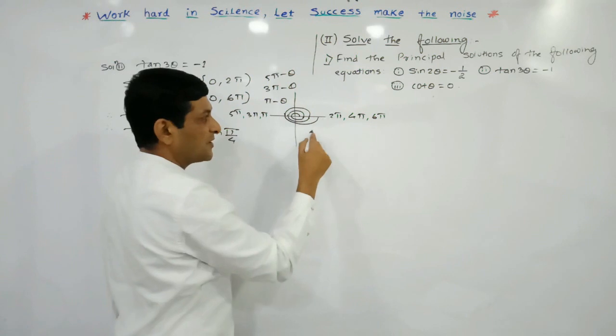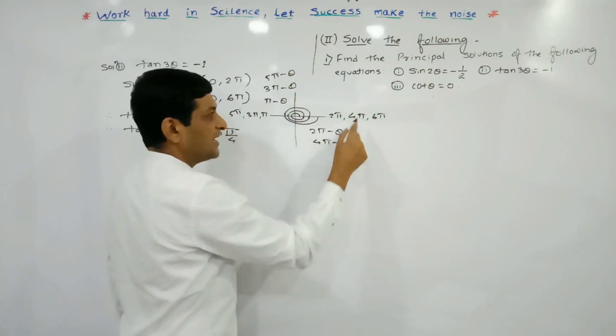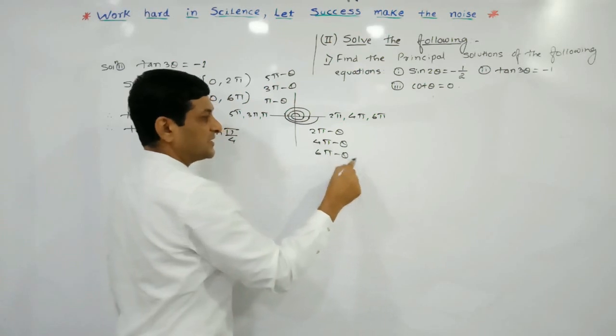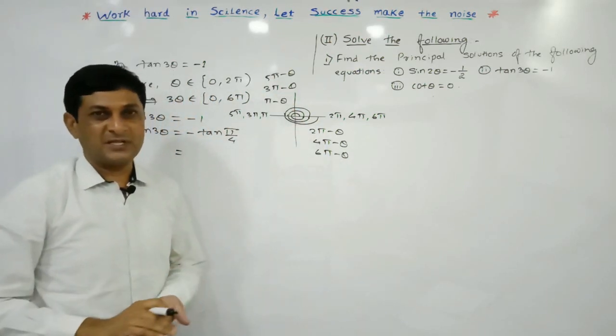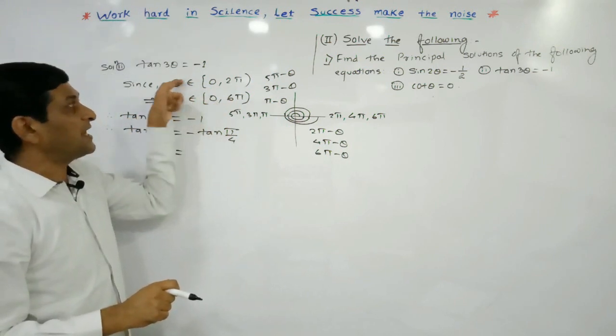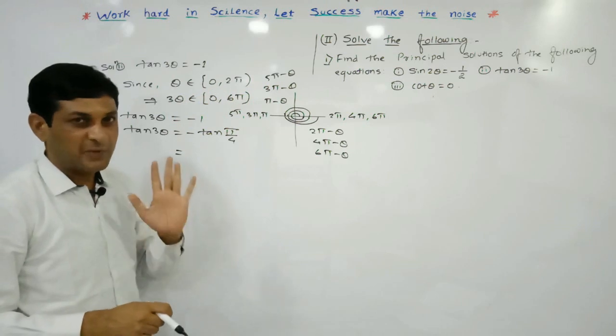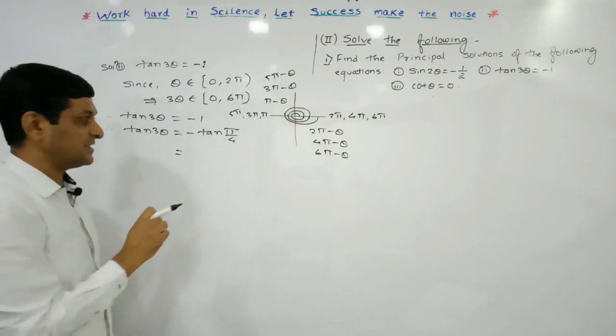And in the fourth quadrant means 2 pi minus theta, 4 pi minus theta and 6 pi minus theta. Means how many solutions are we getting here? 6 solutions, where 3 theta lies in this interval, means theta lies between 0 to 2 pi. So let us find such 6 values which satisfy this equation.